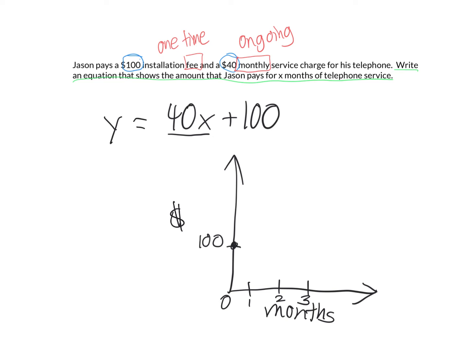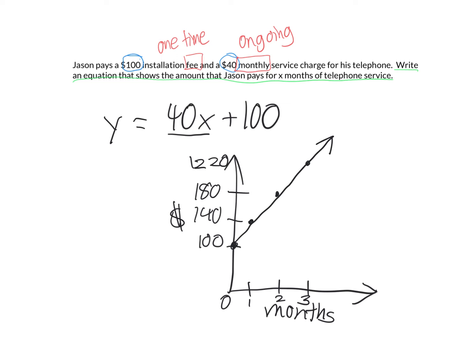So at 0 months he's gotten here. We know that now he's going by 40s. So up at 140, we're going to have a dot. At 180, we're going to have a dot. At 220, we're going to have another dot. And look, it makes a nice line.